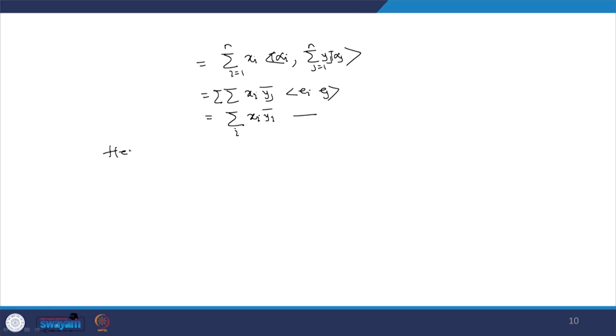Here x1 to xn transpose is the coordinate matrix of alpha with respect to the ordered basis B, and y1 to yn transpose is basically the coordinate matrix of beta.